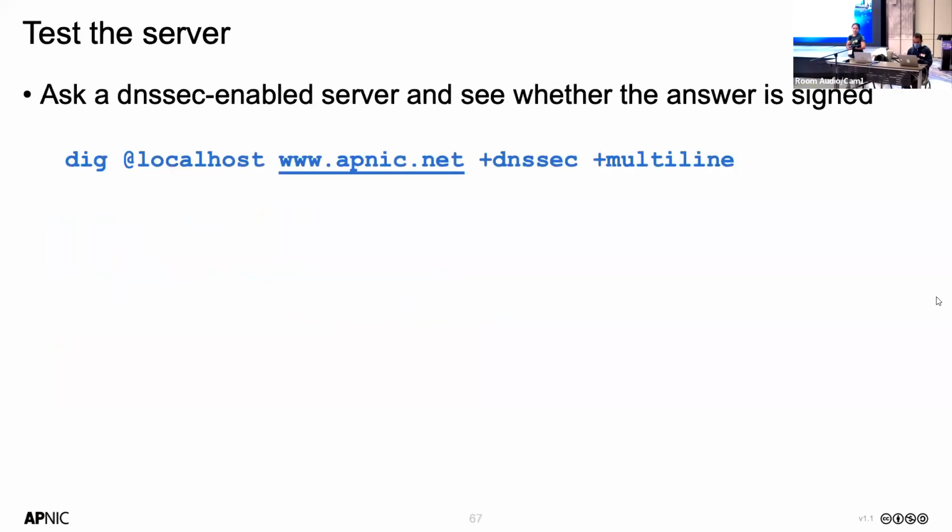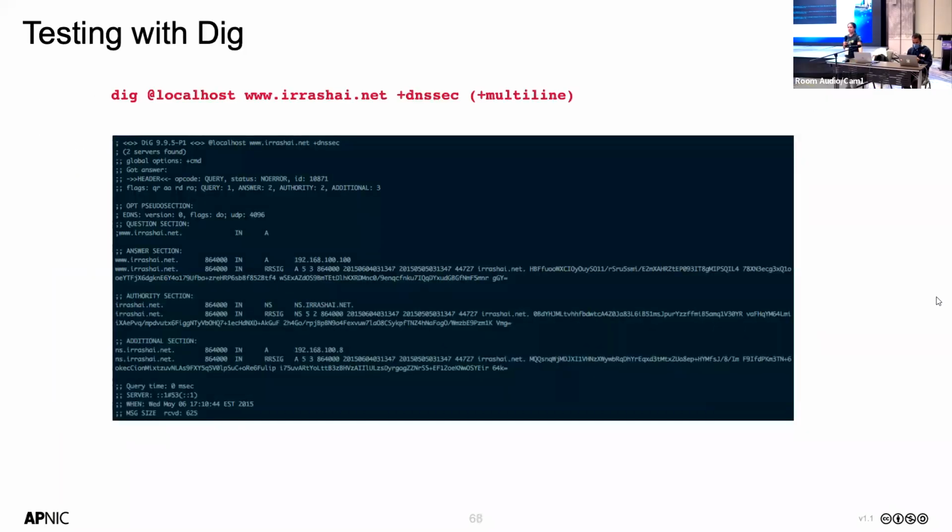And once all of that is done, you should be able to do a query: dig at your localhost for the zone that has been signed, plus dnssec. It should give you information similar to all the dig queries that we have done so far. I only posted a few here for this domain.